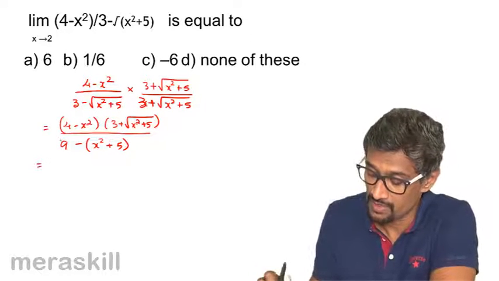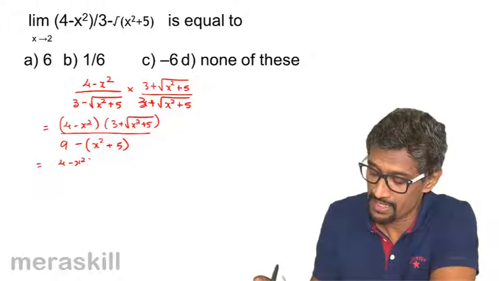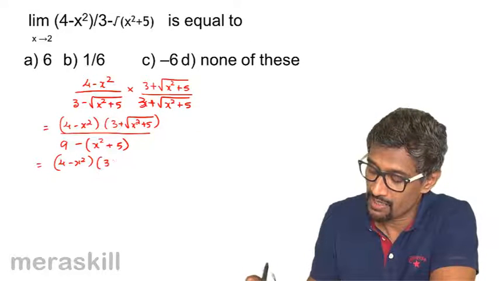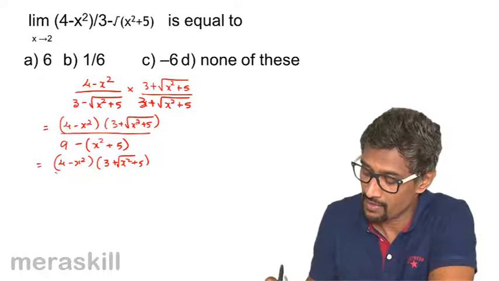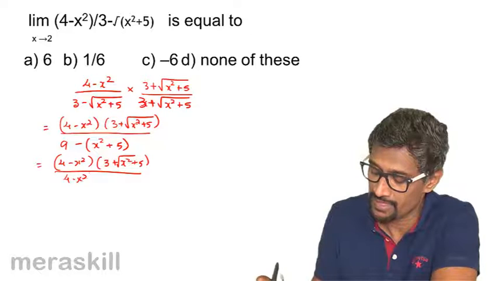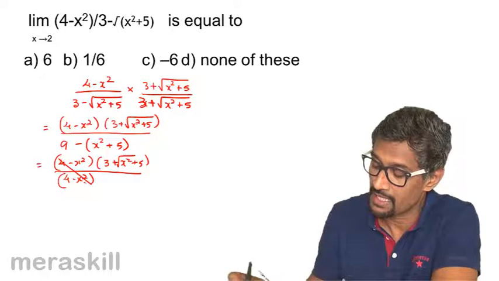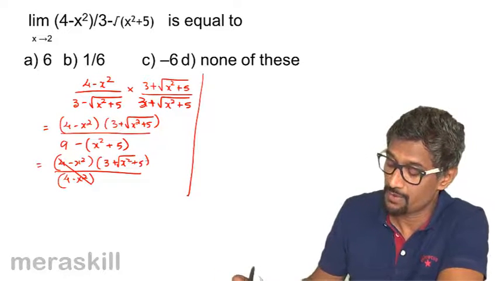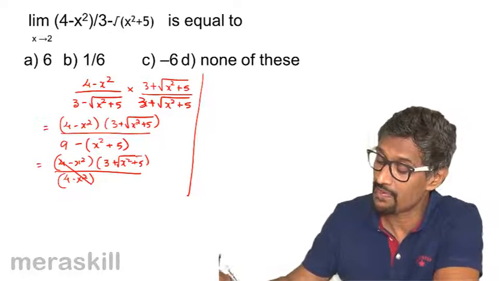This will turn out to be 4 minus x square into 3 plus root x square plus 5, upon 9 minus x square plus 5. Again, this gets cancelled, and you get 3 plus root of x square plus 5.